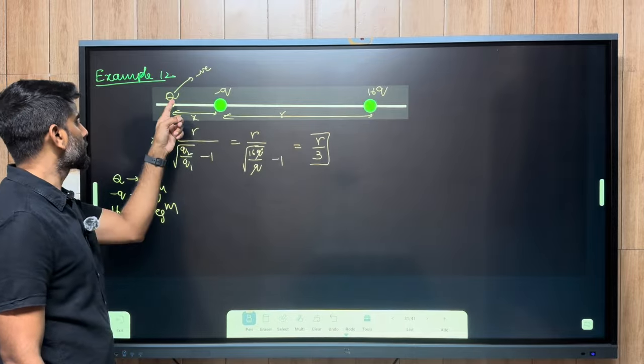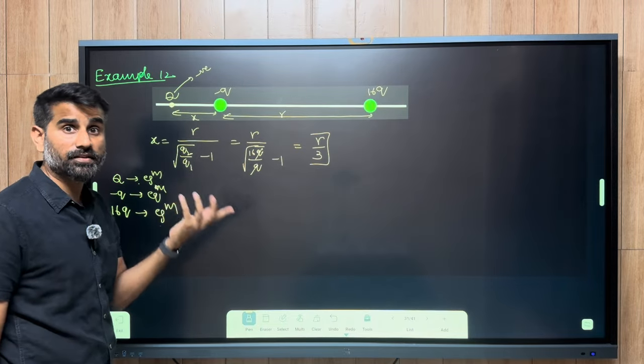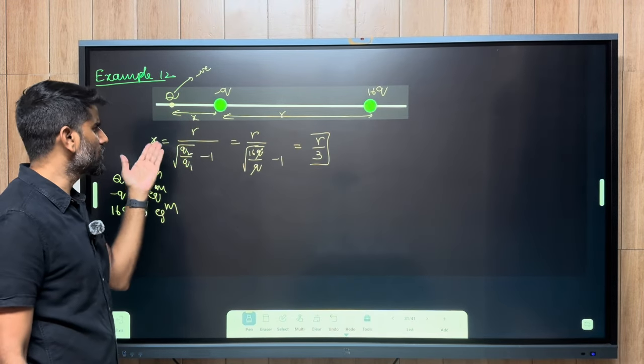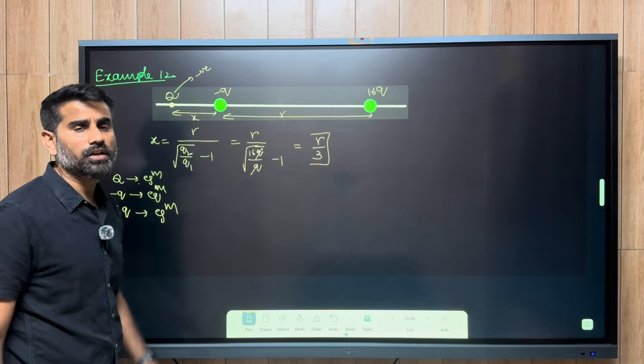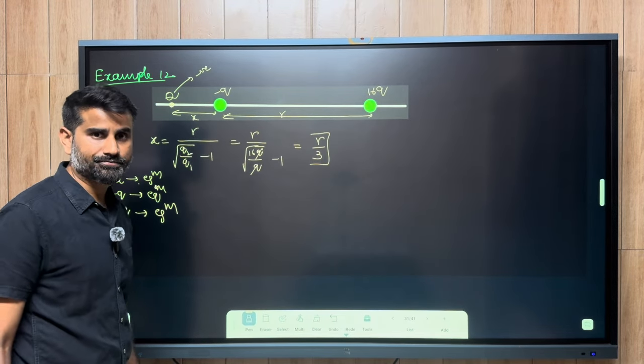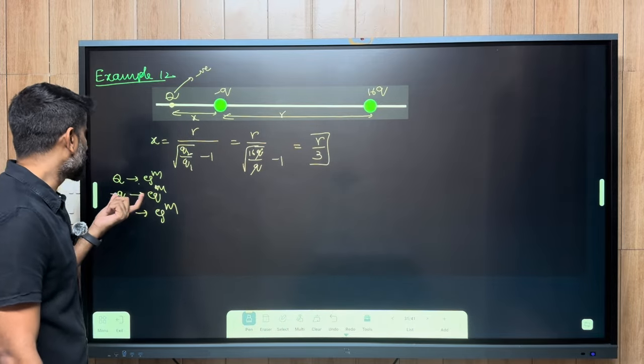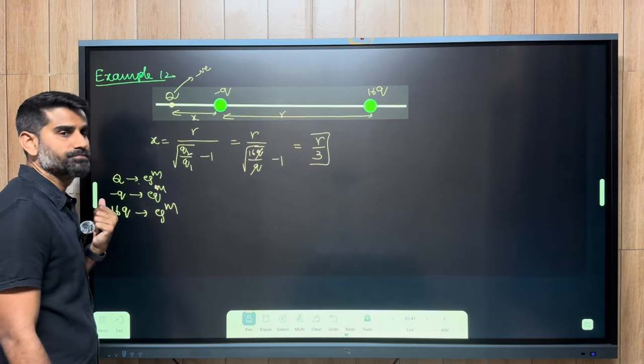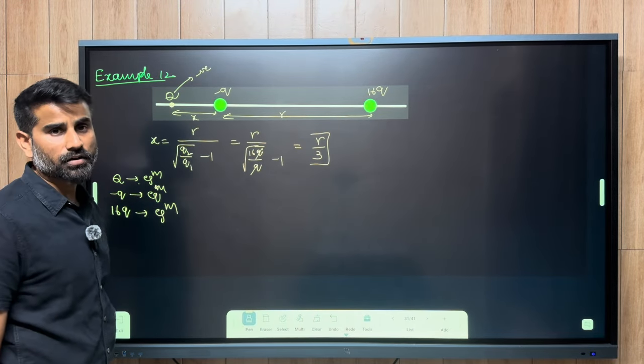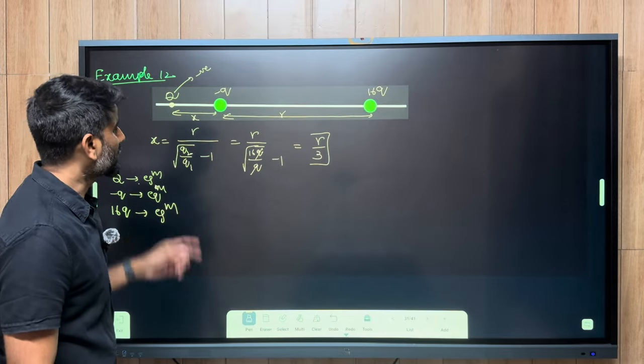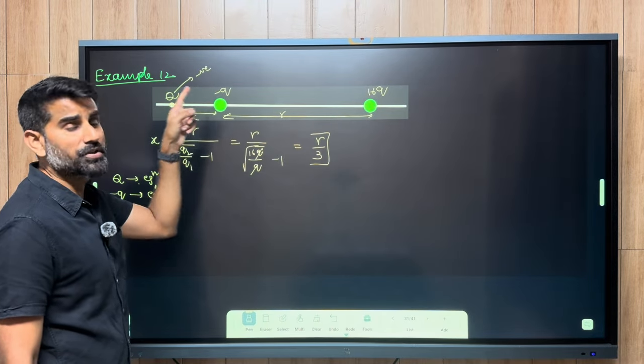We already know the net force on capital Q is 0, because we have used the same concept and we have derived the equilibrium distance as well. Now let us find the net force on minus q. If I have taken a negative charge, then can the net force on minus q be 0?